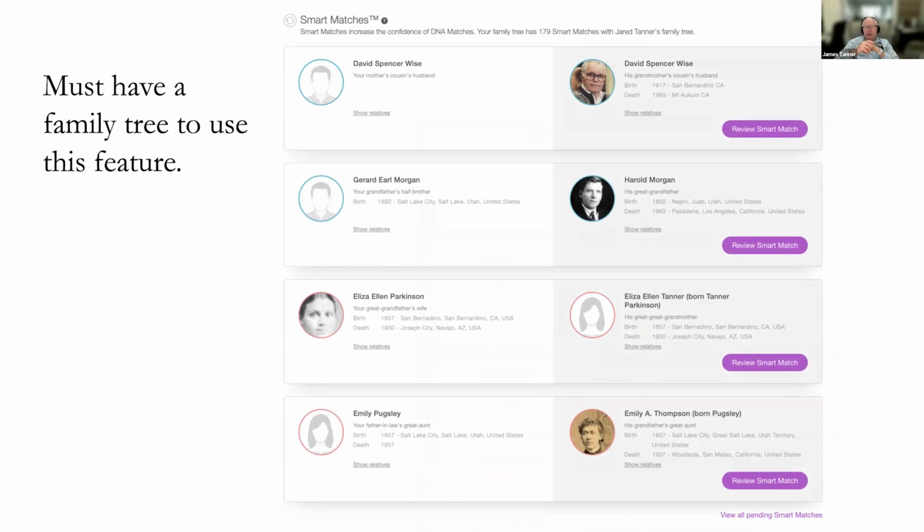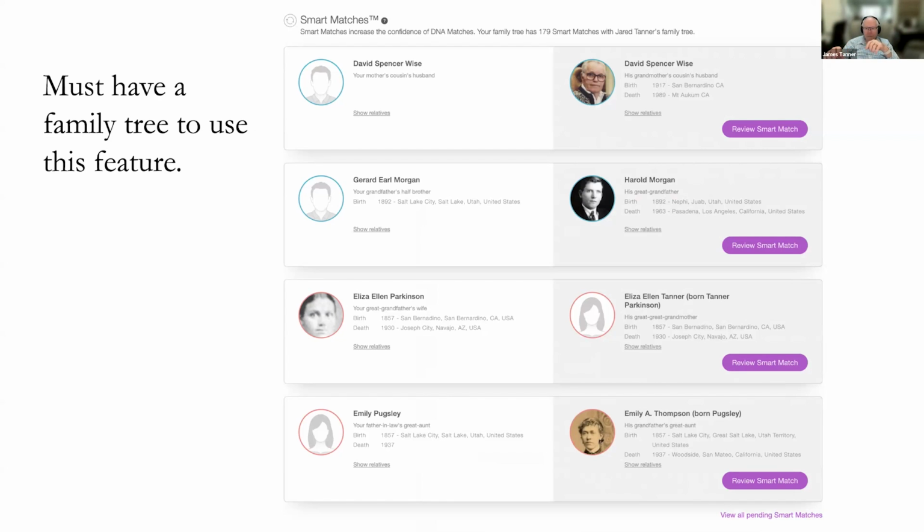Now, one other thing that's important that happens with both Ancestry and MyHeritage is that they give you matches to other people's trees. So not only do you have the ability to look at records and the DNA results, but they will say that this person has a tree that shares one of your ancestors.